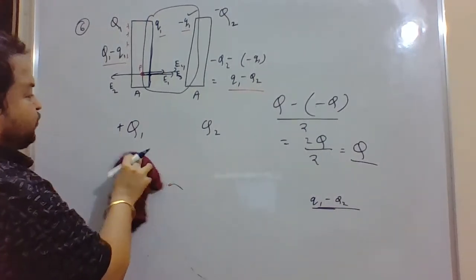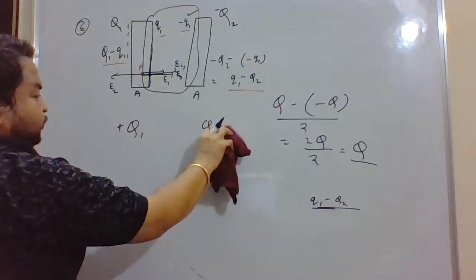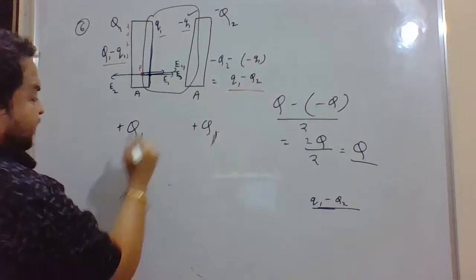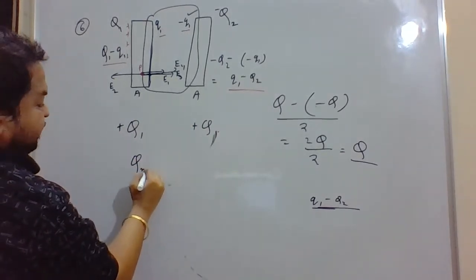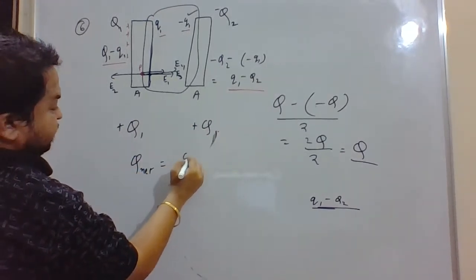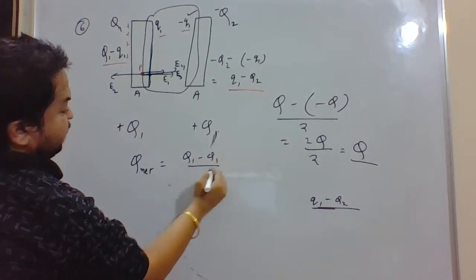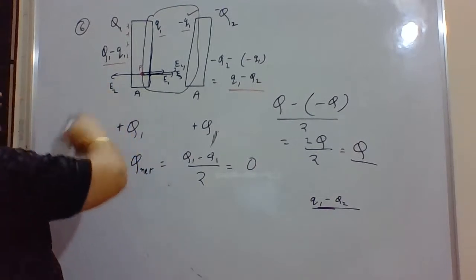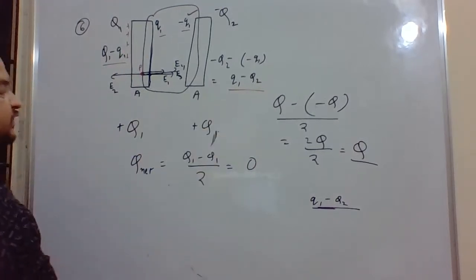Now the next question becomes even more obvious. If I give both plates a charge plus Q1 and plus Q1, then obviously your Q net is nothing but Q1 minus Q1 by 2, that is 0. If net charge is 0, it does not work as a capacitor.